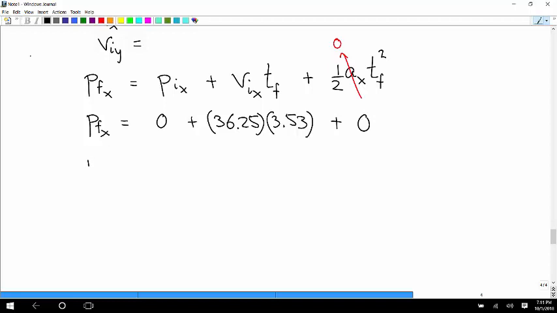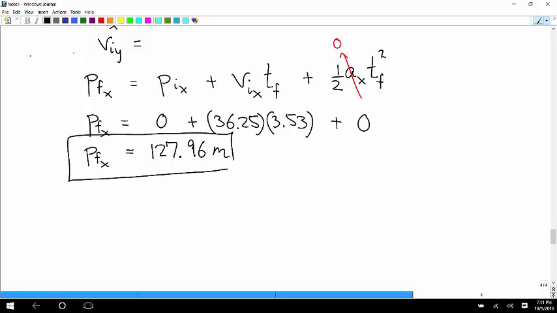And we just get that PFX is these two things multiplied together, which is 127.96 meters. We couldn't have used that equation without finding t. Yep.